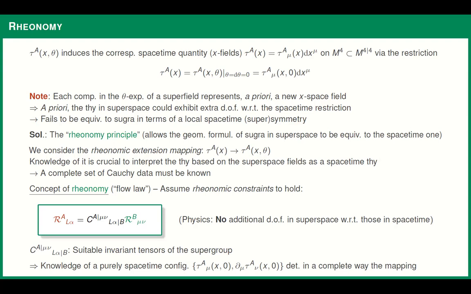And this is crucial, because once we have this parameterization, we have the consistency conditions for our theory, and this really amounts to the complete set of Cauchy data for our construction.